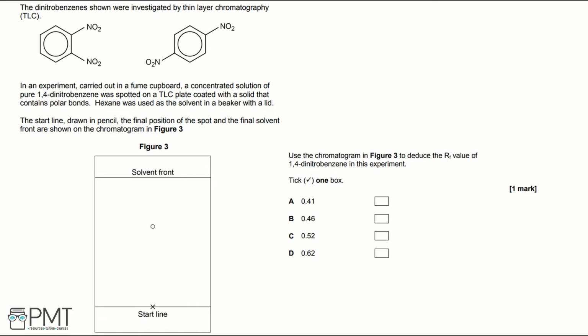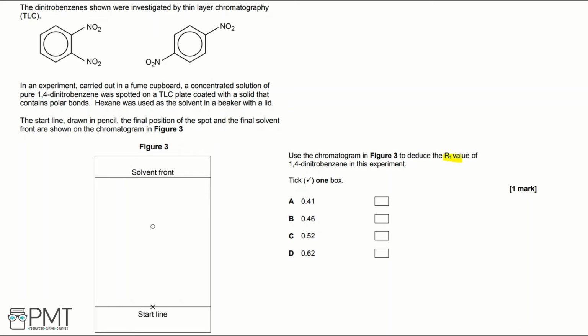The start line drawn in pencil, the final position of the spot, and the final solvent front are shown on the chromatogram in figure 3. Use the chromatogram in figure 3 to deduce the RF value of 1,4-dinitrobenzene in this experiment. Tick one box. A, 0.41, B, 0.46, C, 0.52, or D, 0.62.